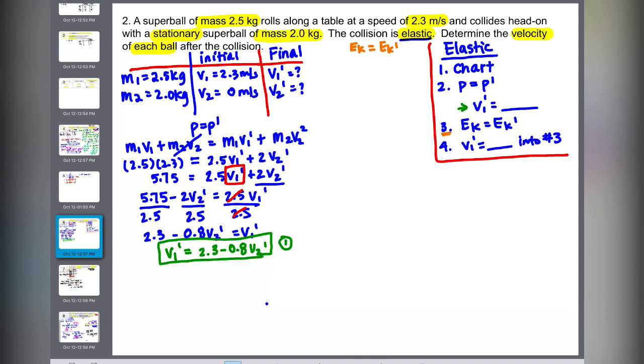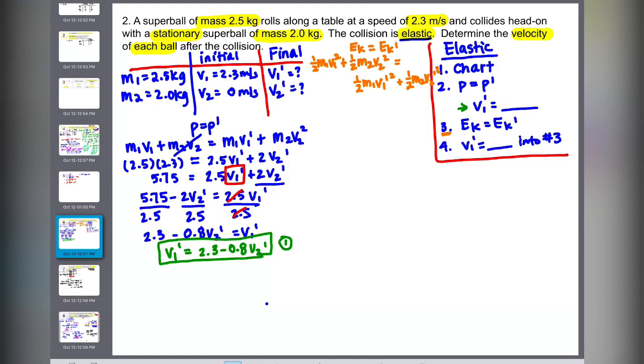Because the definition for elastic collisions is that none of the energy is lost. It all stays as a velocity, a speed type of energy. Okay, so 1/2 m1 v1 squared plus 1/2 m2 v2 squared equals 1/2 m1 v1 prime squared plus 1/2 m2 v2 prime squared.